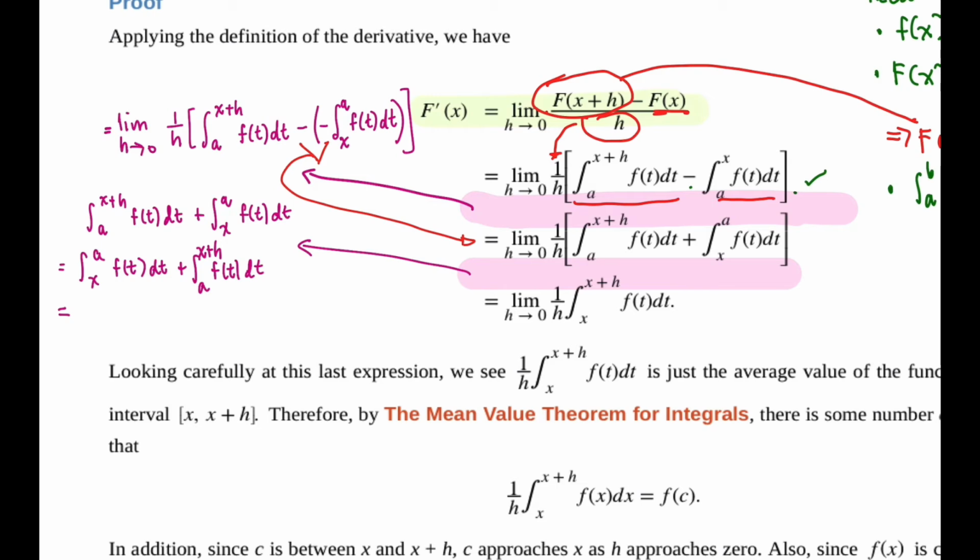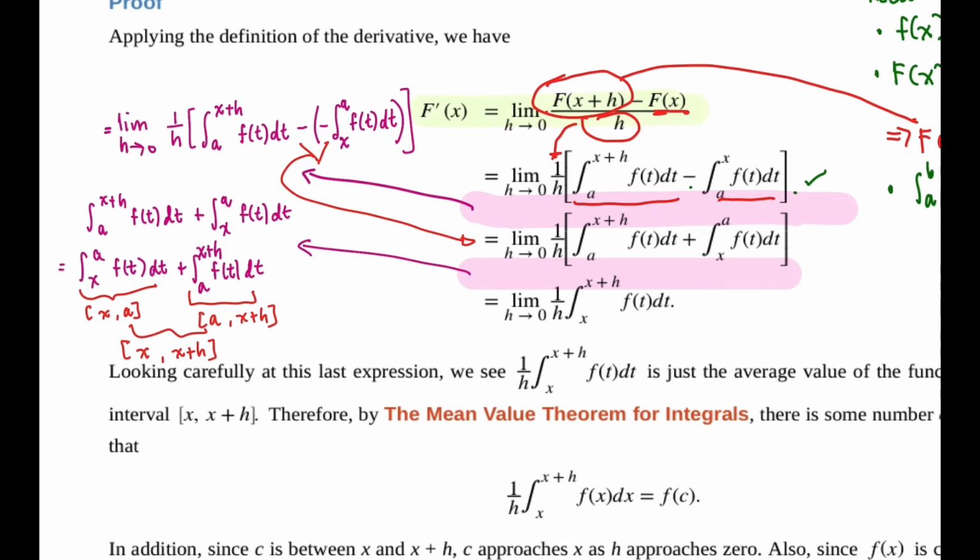Look at the bounds. From x to a, then from a to x plus h. If we just look at the interval, this is on the interval x to a, and this is on the interval a to x plus h. So basically, we have the interval from x to x plus h.